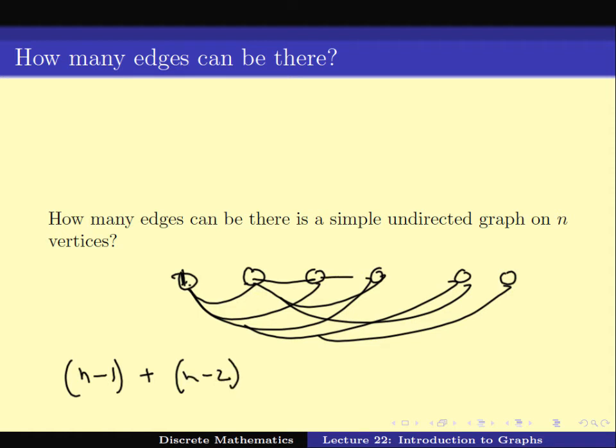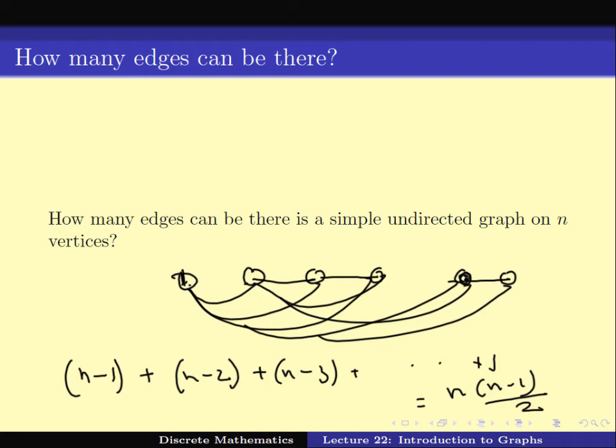The third one can have edges to everything on its right, which is n minus 3. You keep on adding till the last vertex, which has an edge to 1, so just 1. So this actually equals n into n minus 1 by 2.